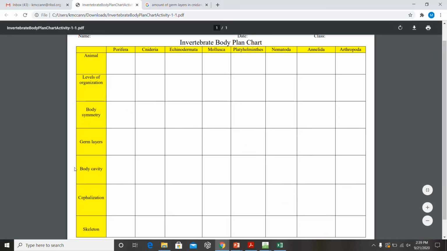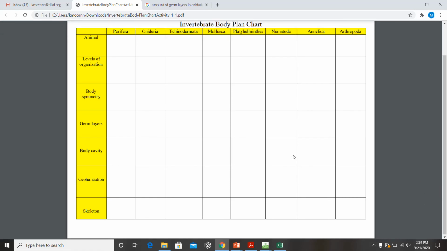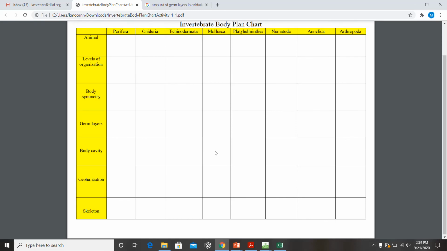Okay, body cavity. Do they have a true coelom, a pseudocoelom, an acoelom, or none? That's what you need to tell me. Porifera don't have any, so you would put none right here. But the rest of these have some type of either pseudo, a, or true coelom. Cephalization.